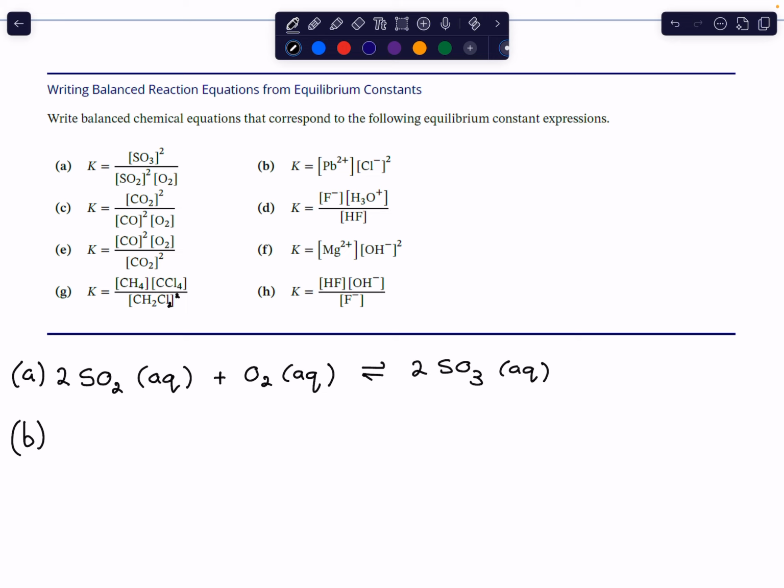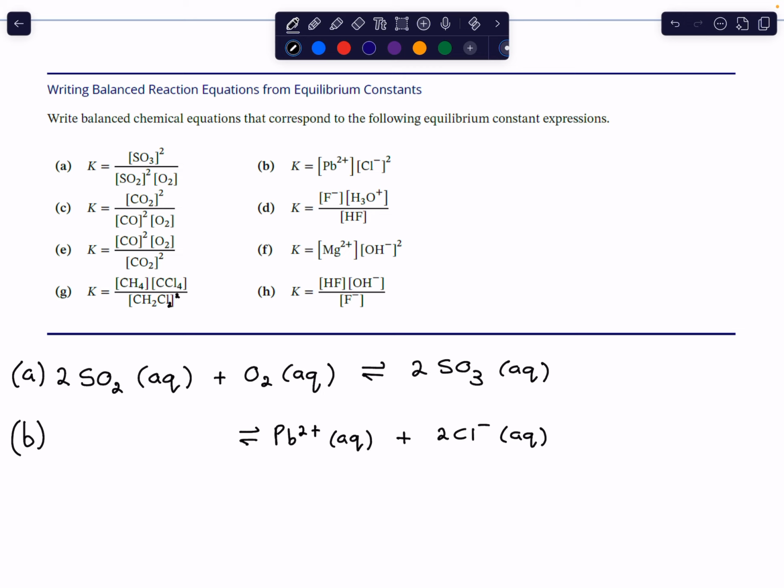Meaning Pb2 plus and Cl minus are the products of this reaction. Their concentrations are given, so that means Pb2 plus aqueous plus 2Cl minus aqueous, they must be aqueous.